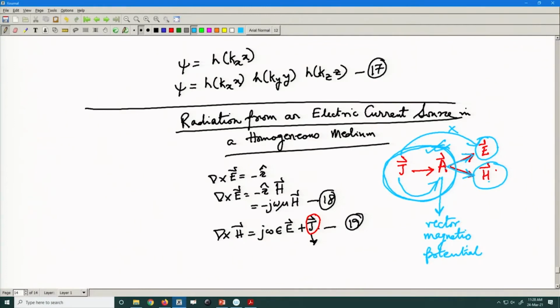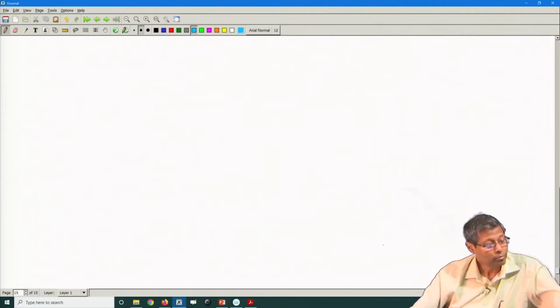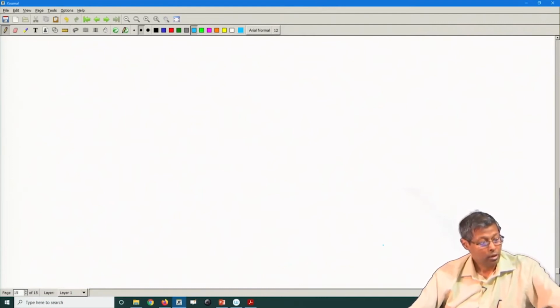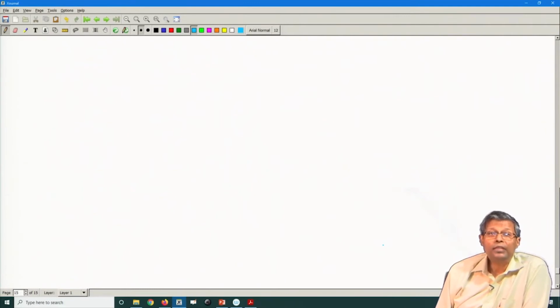This is akin to what we do in the scalar domain. This is akin to what we do in static electricity.